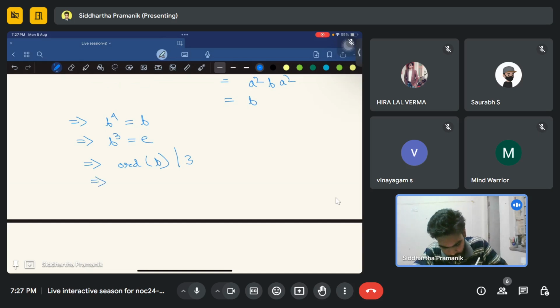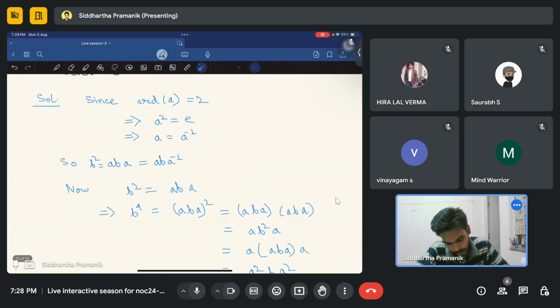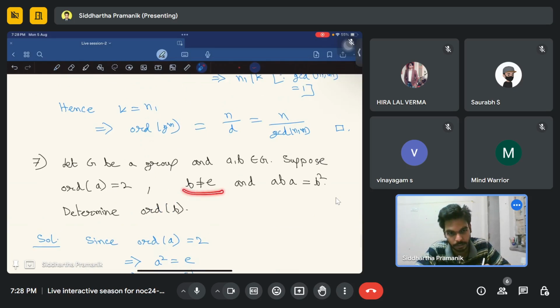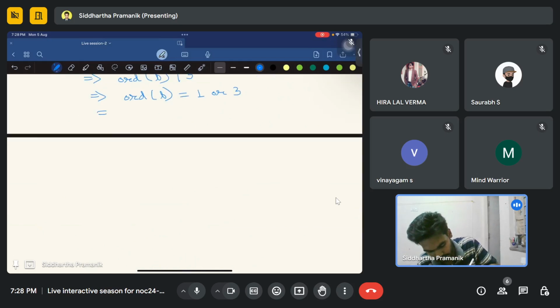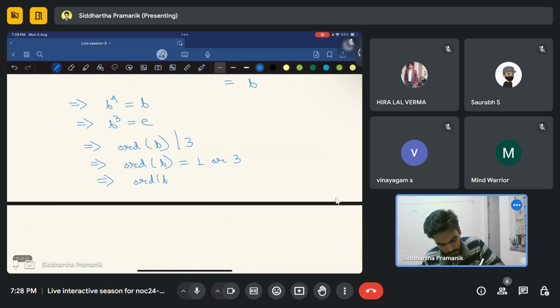So it has only two choices, right? It is either 1 or 3. Now B is not equal to identity. So order of B cannot be equal to 1. So this implies order of B equals 3, since B is not equal to identity.